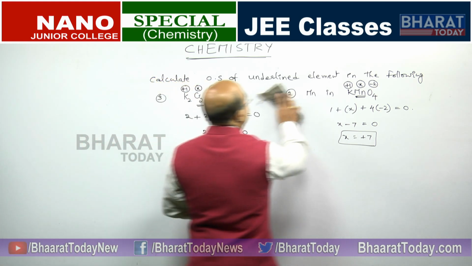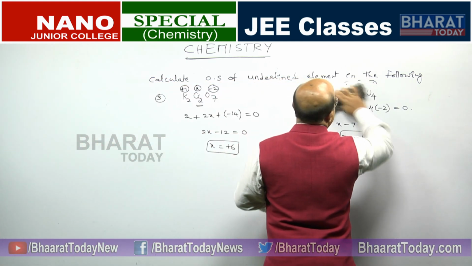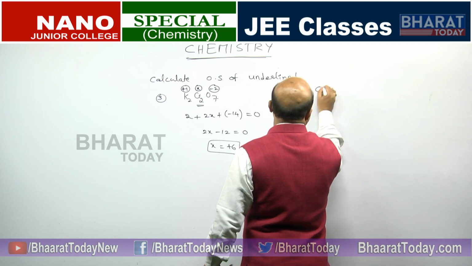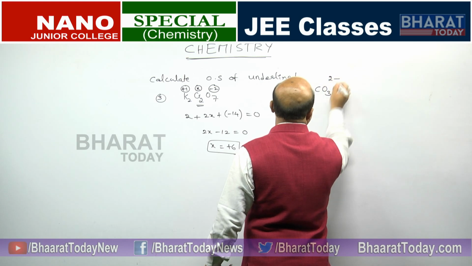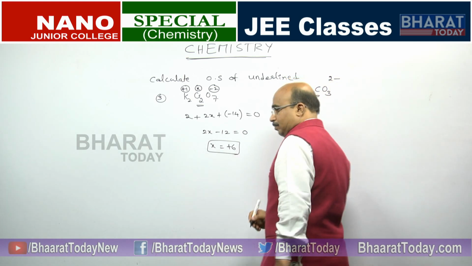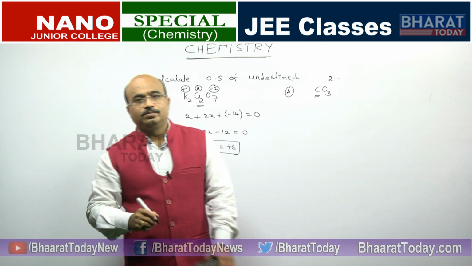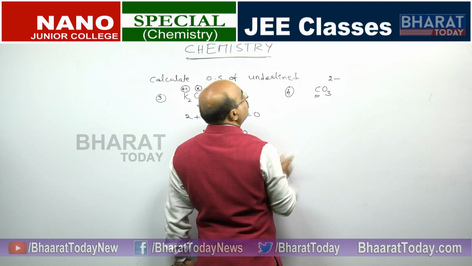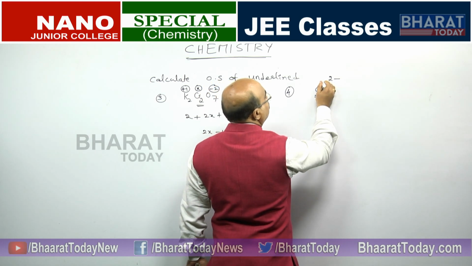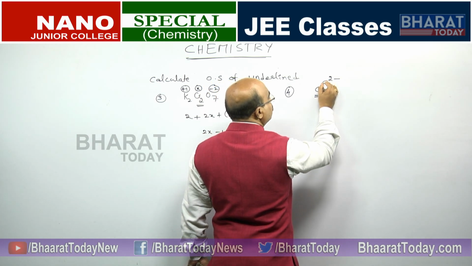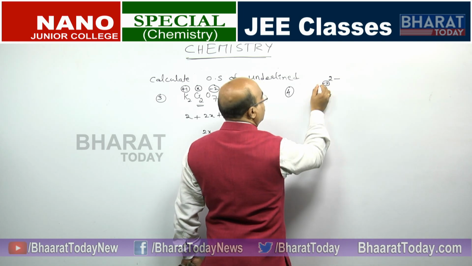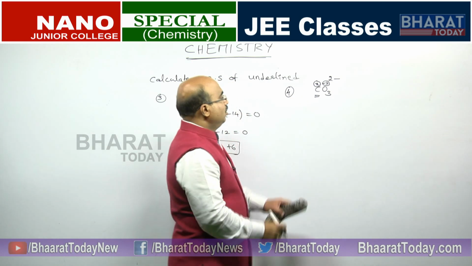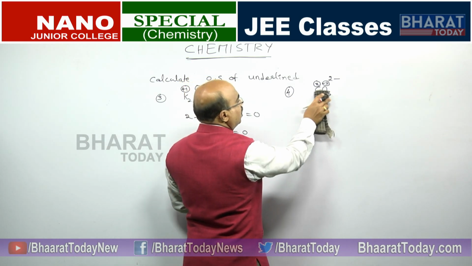Let us see another one: carbonate ion, CO3 2 minus. What is on the carbon? Again we know the oxygen, so you can write oxygen as minus 2 and carbon as x.